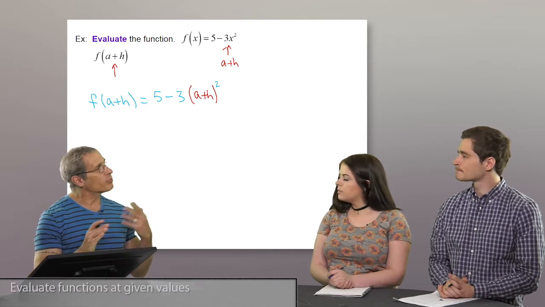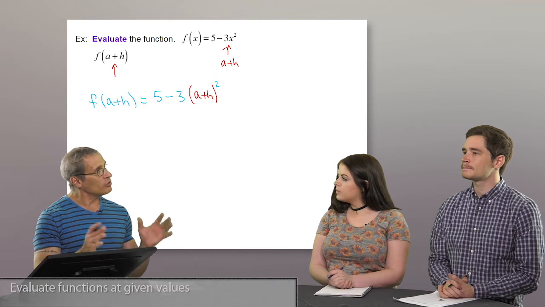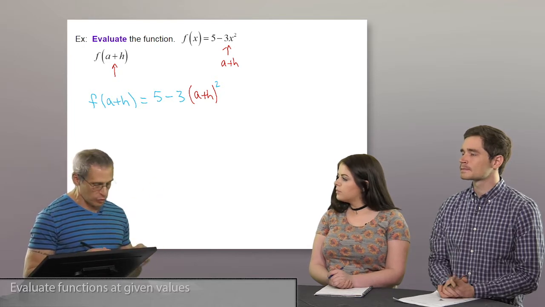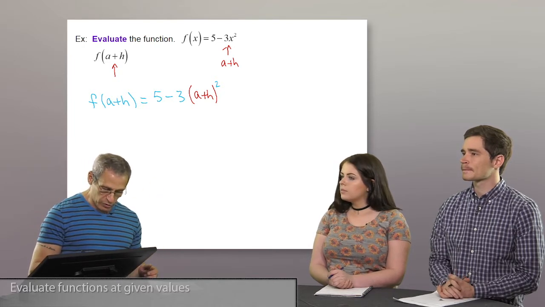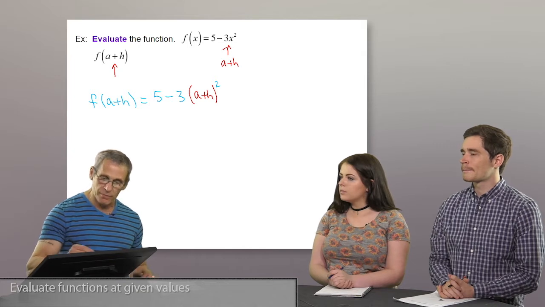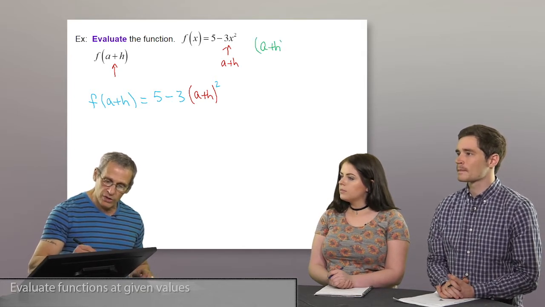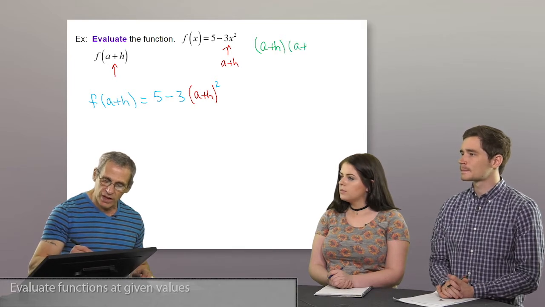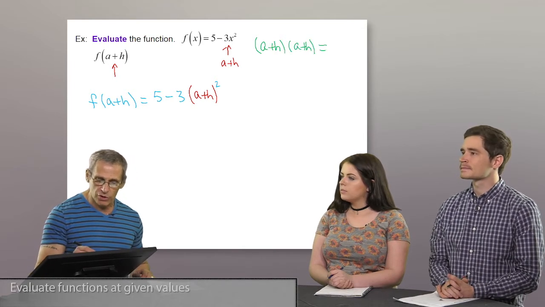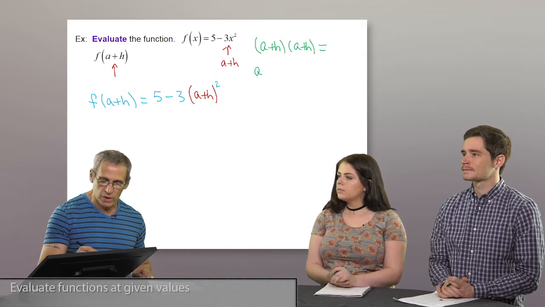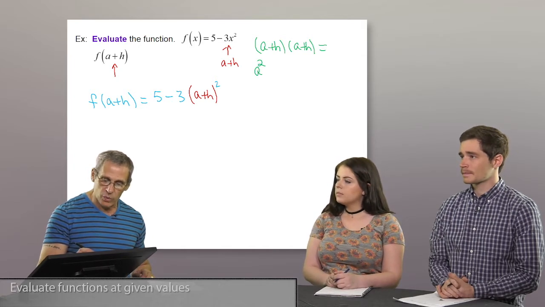So let's go ahead and perform the order of operations. First thing we do, just like we did before, is square the term. Maybe we'll go off to the side here and do that. We'll have a plus h squared, so that's a plus h times a plus h. If we multiply it through, the outside terms give us a squared.